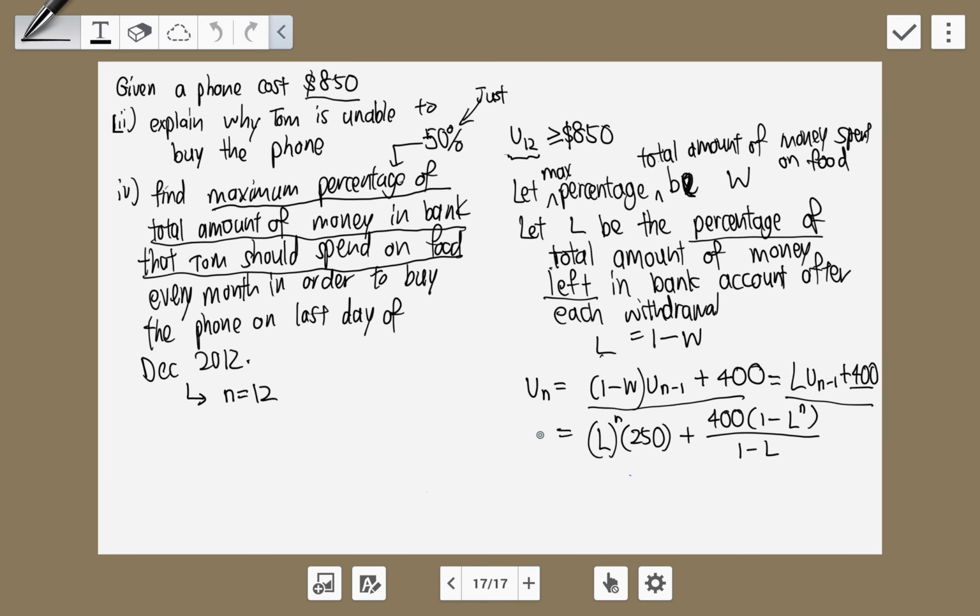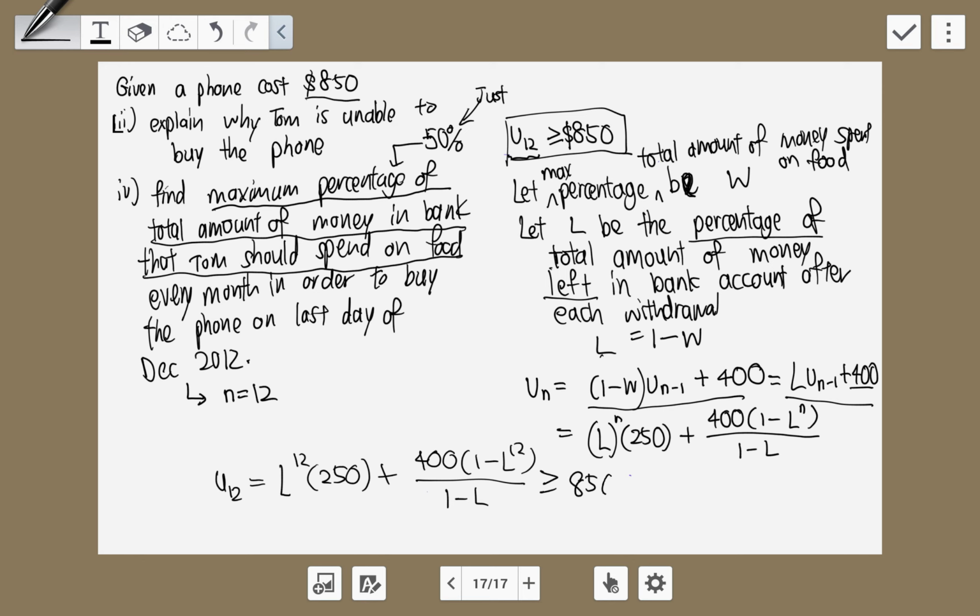Okay, so we have this expression, and I want U12 to be greater than or equal to $850. So my U12 is L^12 times 250 plus 400 times (1 minus L^12) over 1 minus L. I want to solve that such that it is greater than or equal to $850.